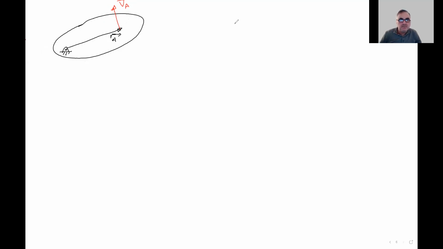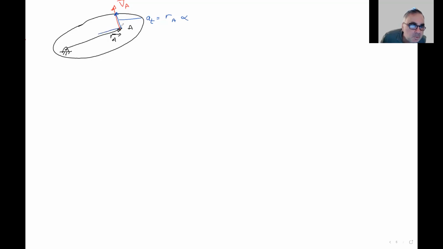Now, acceleration has two components. One is the tangential component, which is like this. Tangential is RA times alpha.